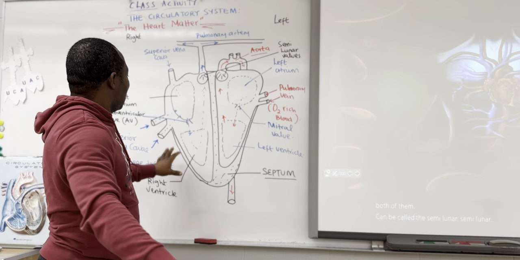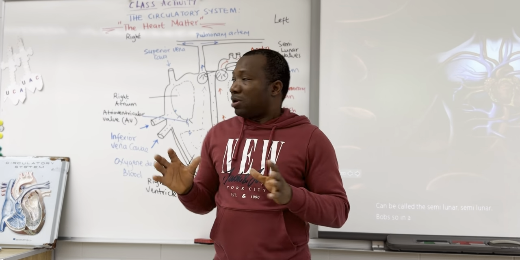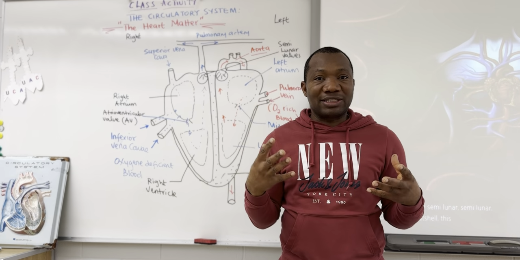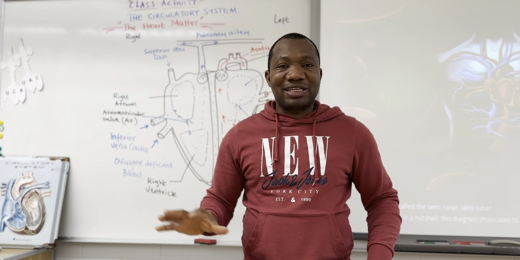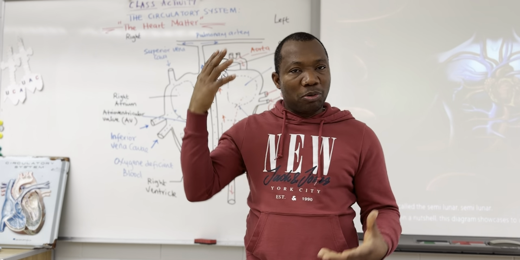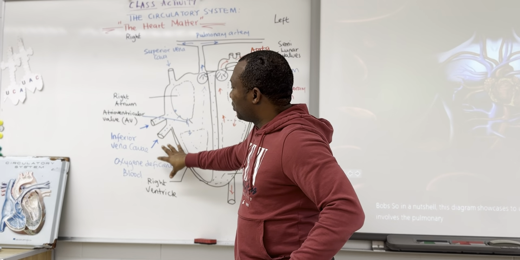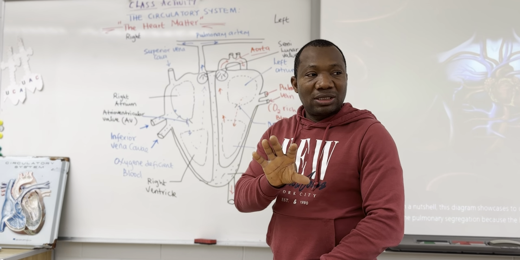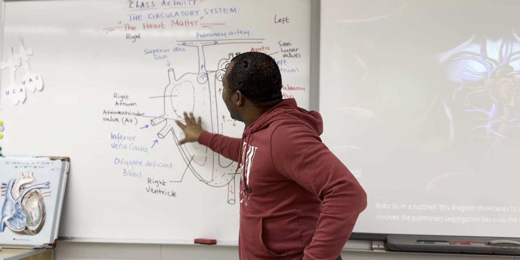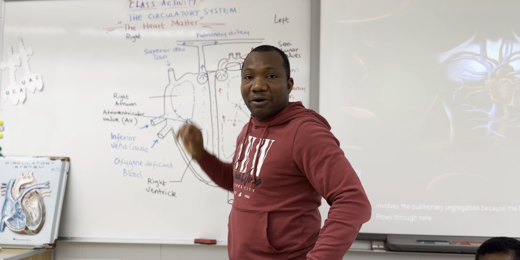So, in a nutshell, this diagram showcases the circulatory system that involves the pulmonary circulation, because the blood, which is oxygen deficient, flows through here and gets pumped out to the pulmonary artery.